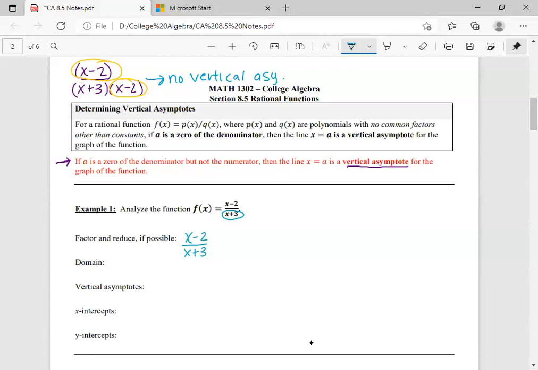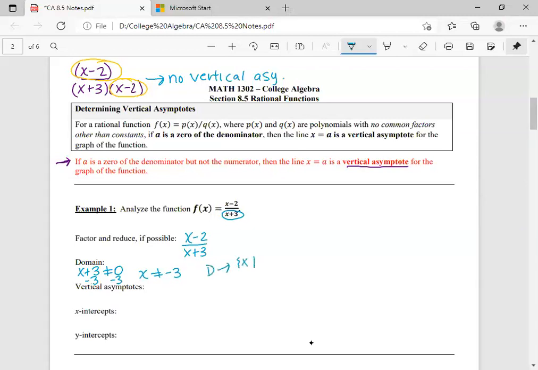So if I want to look at the domain here, I'm going to have to say, when is x plus 3 not equal to 0? So we would solve that and we would say, well, if we subtract 3 from both sides, that happens when x cannot be equal to negative 3. So when we're actually stating our domain, we could say it 2 ways.